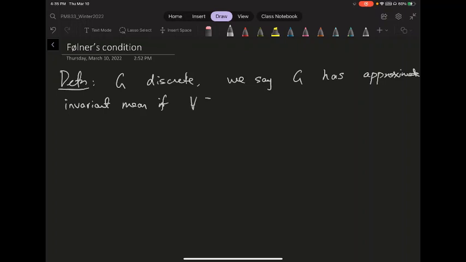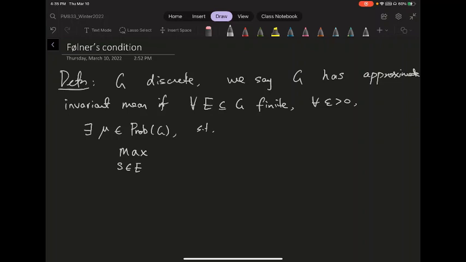For every finite E contained in G, and for every epsilon greater than 0, there exists some probability measure mu in the probability space of G, so that if I consider the maximum of all the differences between mu and its left translation, let's use s dot mu to denote the left translation by s, in the one norm, then all of them are strictly less than epsilon.